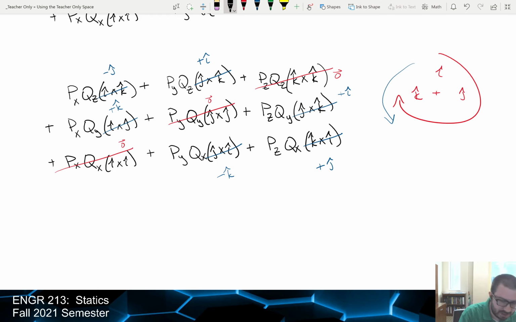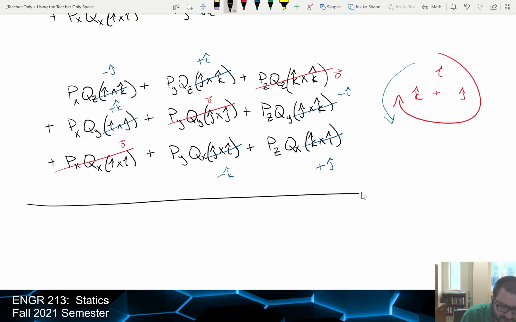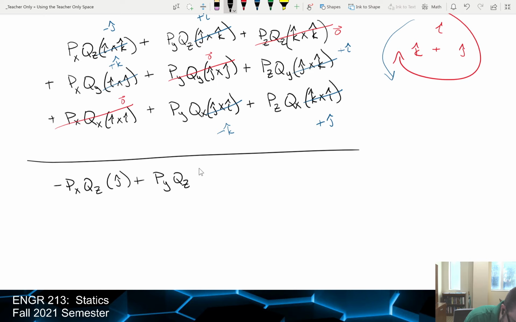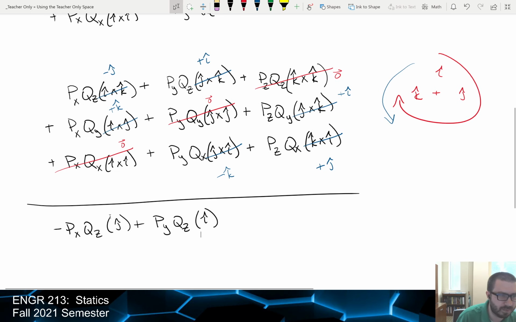So now what I'm going to do is start to collect. Well, first off, let's rewrite this a bit. So we have negative PX QZ times J, plus PY QZ times I. Now I'm basically just going to write this in one big old expression.